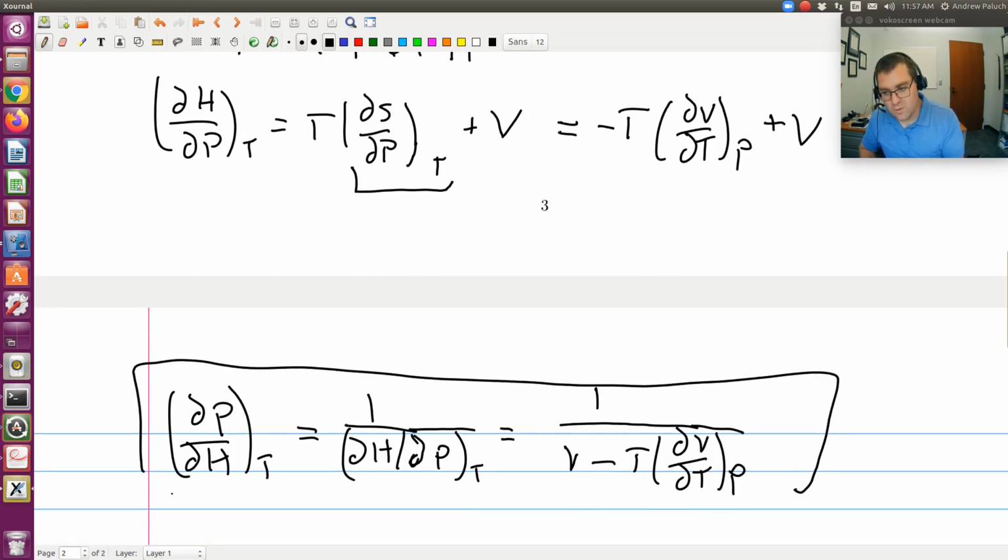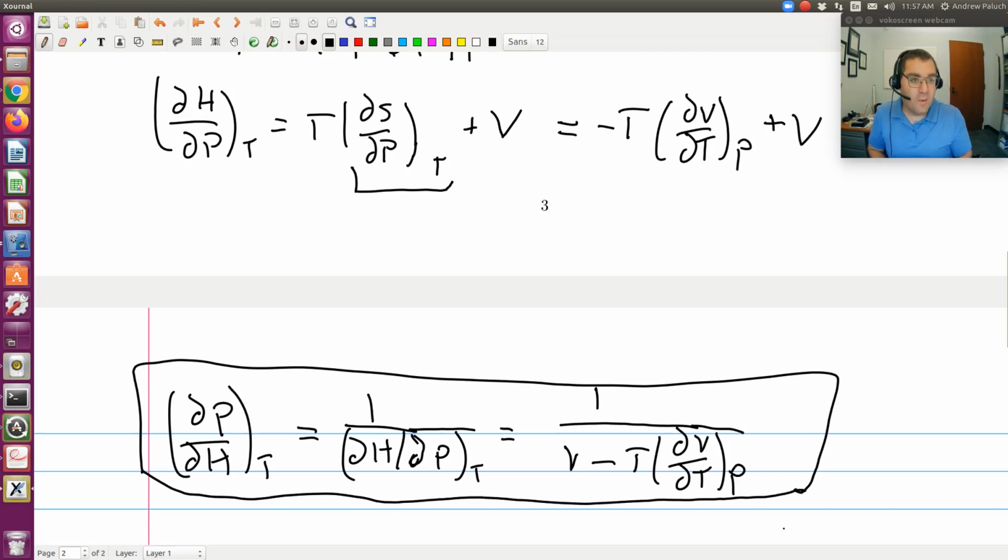So, tried approach 1, it didn't work. So I rewound, acknowledged that I might be able to leverage a reciprocal rule and tried to solve for the reciprocal instead. And we found that that worked. And we end up getting this final expression that dP/dH at constant T is 1 over V minus T dV/dT at constant P. Cool. Hope that helps.